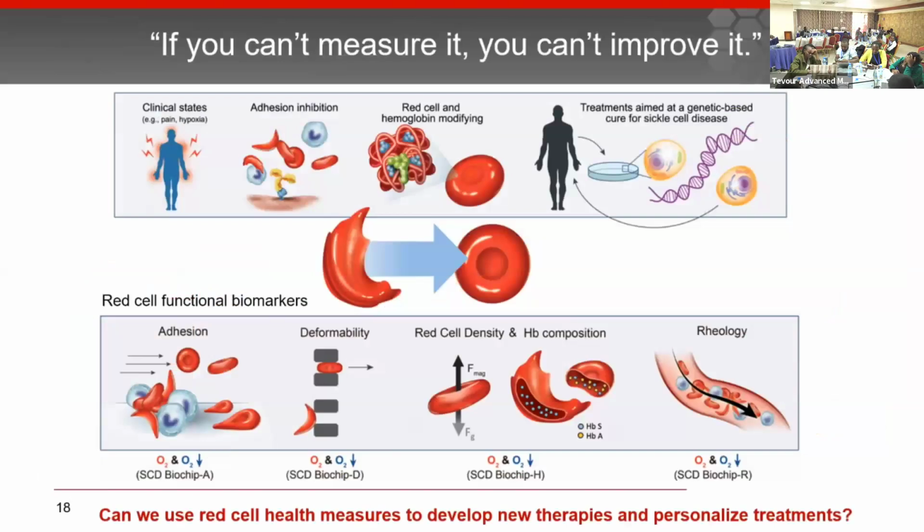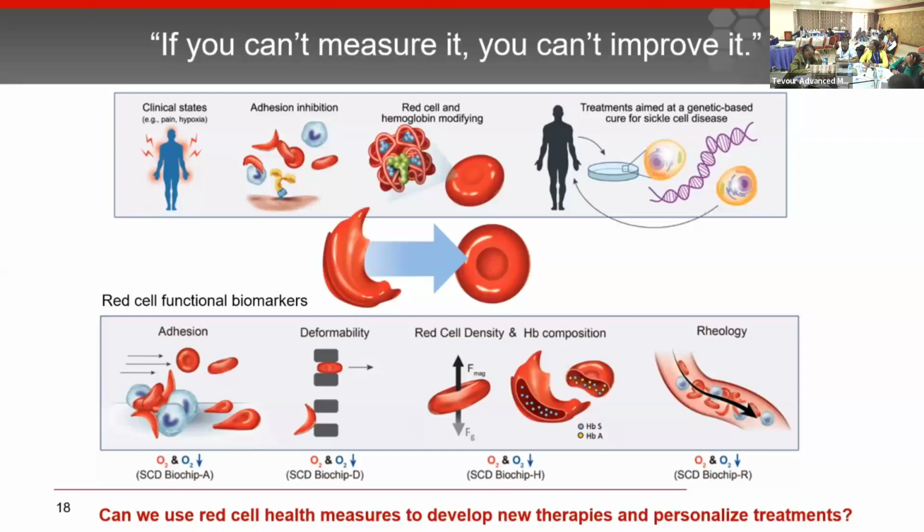Our lab has also developed different assays like adhesion, deformability, red blood cell density, hemoglobin composition, and rheology. All these assays were developed previously by some of the previous PhD students, and we've used them to study these different properties of red blood cells.